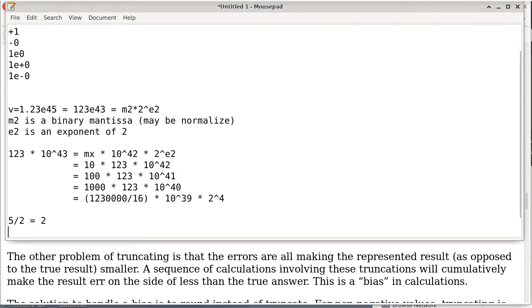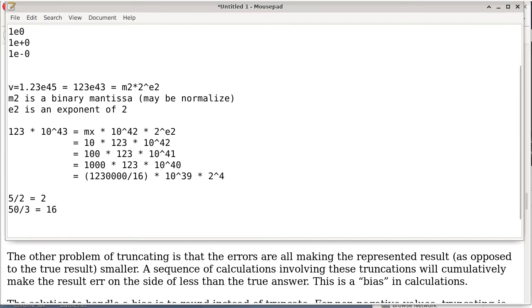Okay, very good. What about 50 divided by 3? It'll give you 16. In other words, we're truncating the last portion. Everything to the right-hand side of the decimal point is truncated because it's integer division.